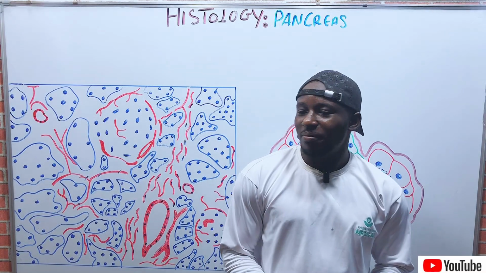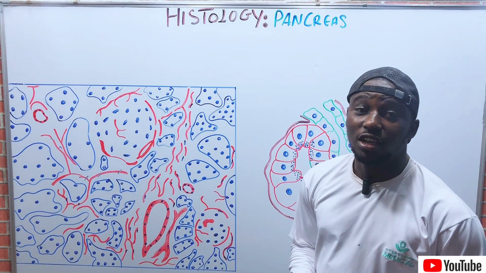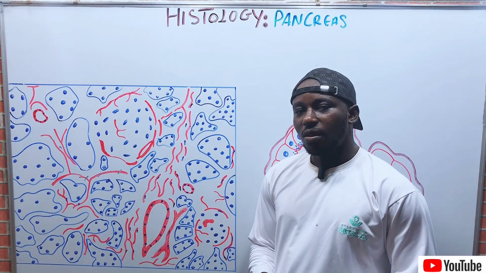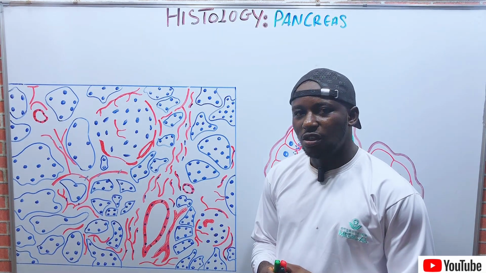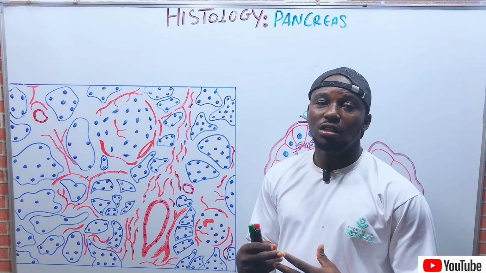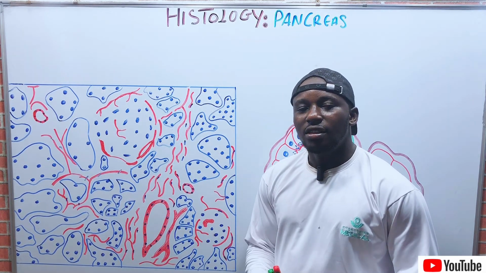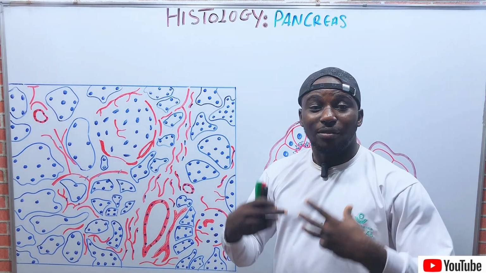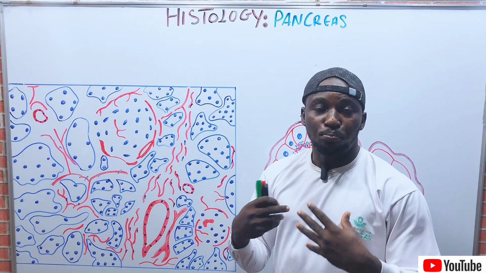Welcome to Everything Medical. In today's video, we shall be appreciating the histology of the pancreas, denoting those histological features that compose the pancreas, which is mostly the acini comprising the exocrine portion of the pancreas, and also the endocrine portion of the pancreas.